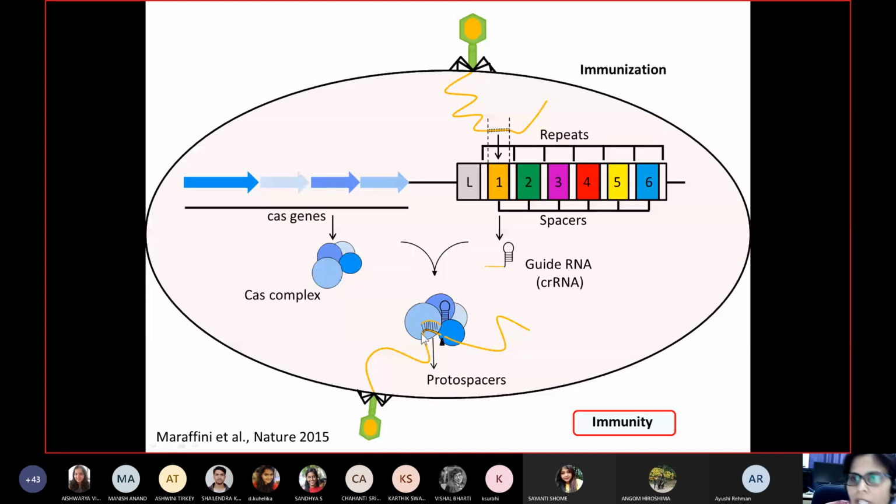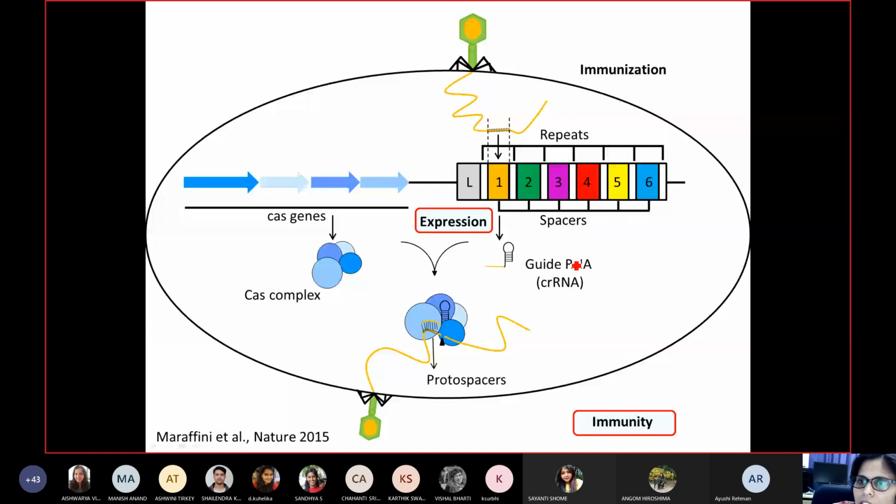The question is about the last part, and I will come to this again. See, this is not the final version. What I've said so far is that there are two phases, and you can study this in three steps. First is the acquisition, where the sequences are acquired and put into the CRISPR array. Then these are expressed as precursor RNA.